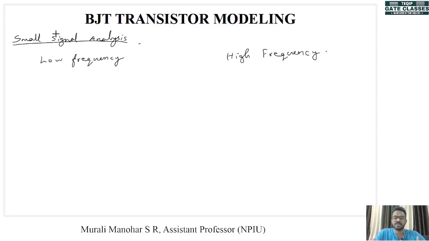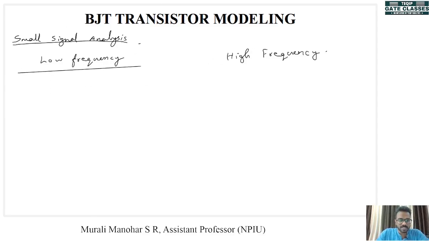For what application we are using this transistor, this changes. So if our applied signal is small, we can assume that our transistor inside its operating region is linear. That amplifier is linear.